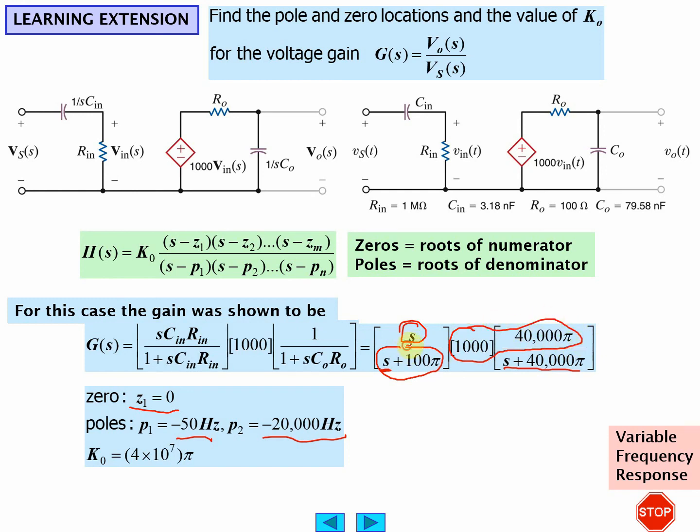Since s is the leading term of the polynomial, this would have to be the constant multiplier, or 40 times 10 to the 6th pi. Okay, I'm going to go ahead and end the video here and pick up with the next one on the next slide.